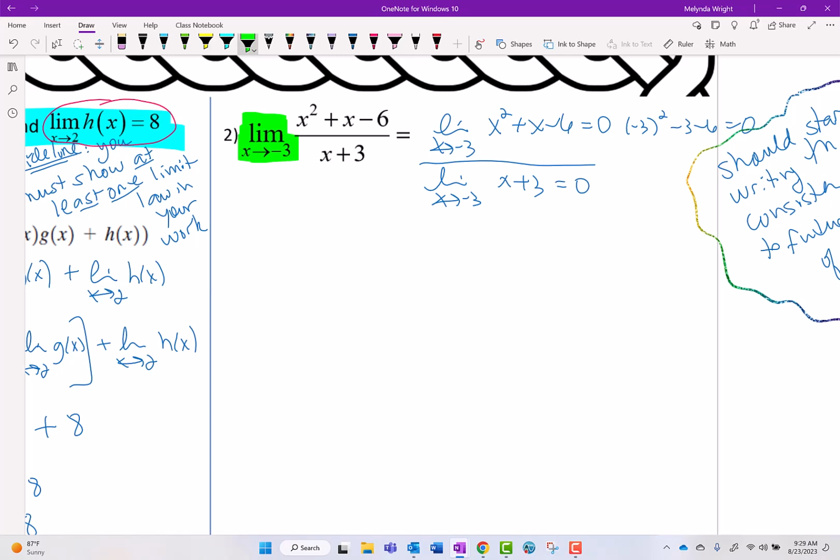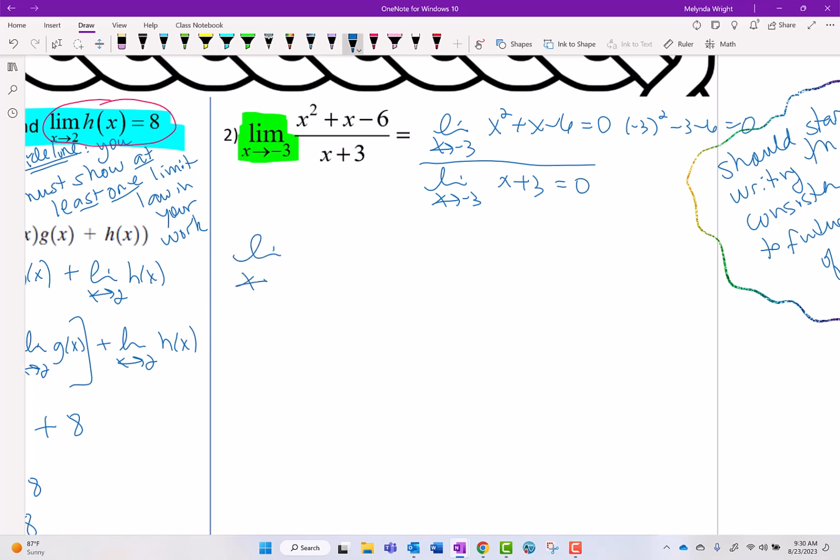Don't drop him off and say, I'm not going to write you down because that's too much work. Please carry him along until you take the limit. It would be like if I have the square root of 16 and I decide I just don't like the square root and I just want to write 16 and then work it. That's kind of what that would be like, right? Because you're taking away what it's telling you to do.